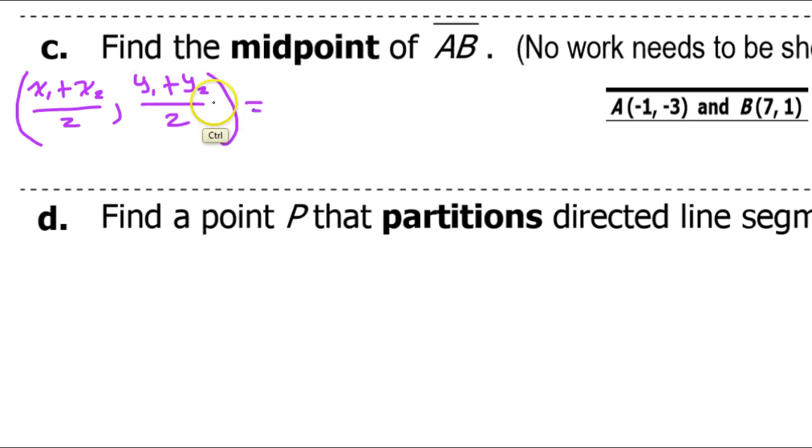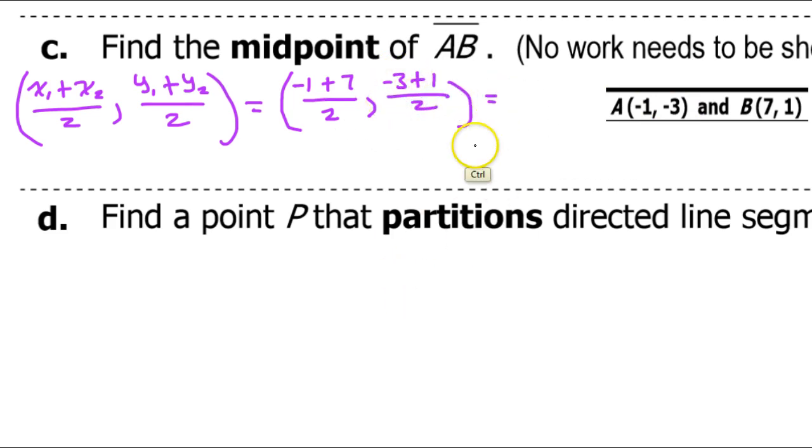Alright, because that's the average of the y's. So let's do that. The average of the x's, so that will be negative 1 plus 7 divided by 2. That's the average of the x's, comma, and then I will have negative 3 plus 1 divided by 2. That's the average of the y's.